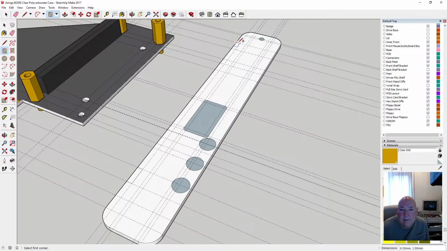Yeah, I think it was that one. Let's have a look. Yeah. So I forgot how deep they go now. 12.5, I think. Yeah. 12.5. Right, let's go up 12.5.